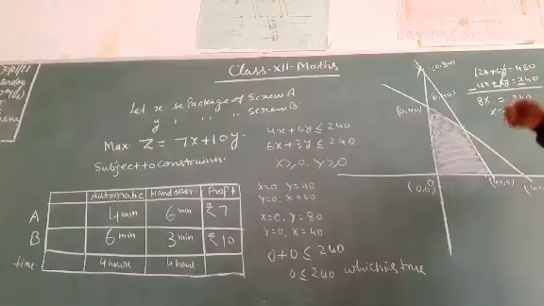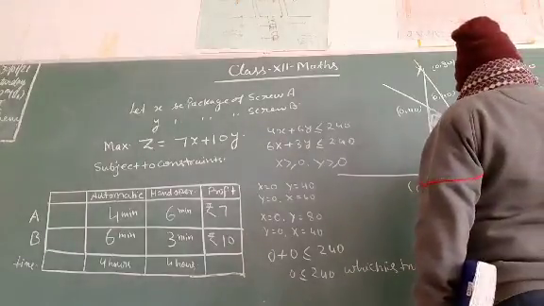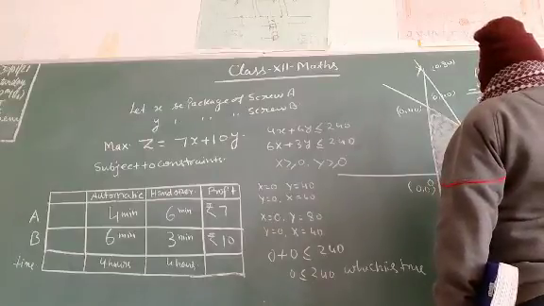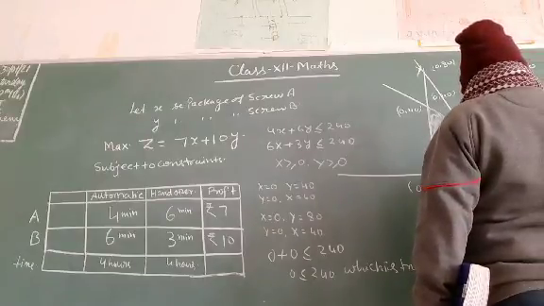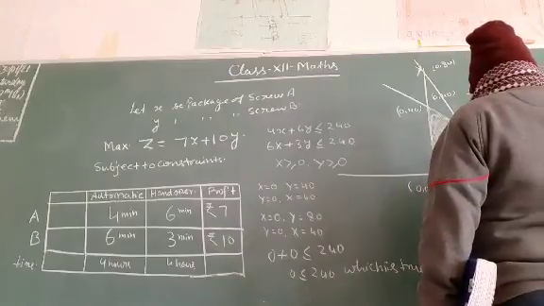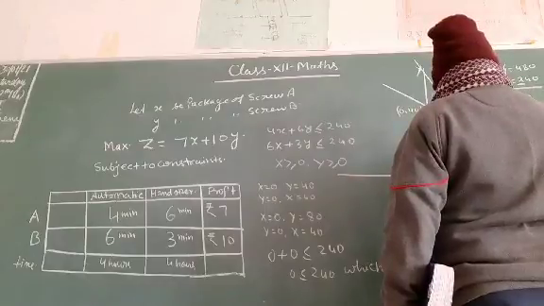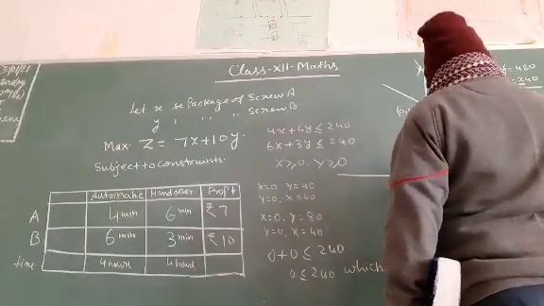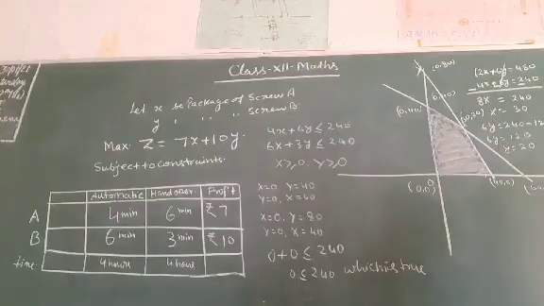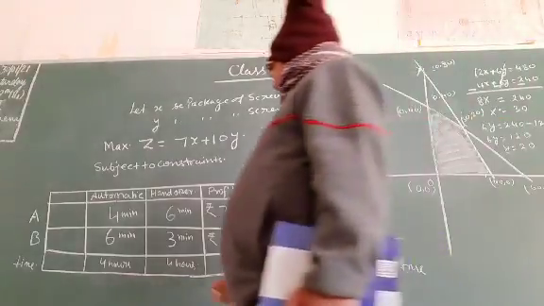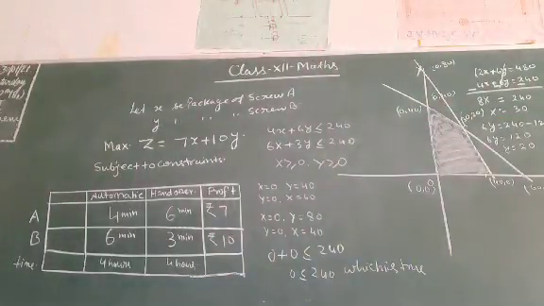Then 6y equals 240 minus 120, so 6y equals 120 and y equals 20. So the point of intersection is 30, 20. Clear?